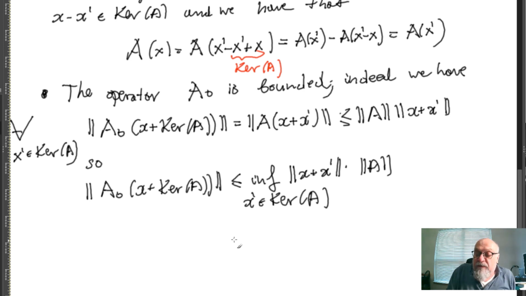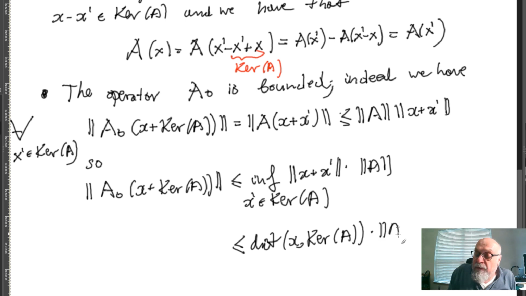So this is smaller or equal than the distance between x and the kernel of A times the norm of A.